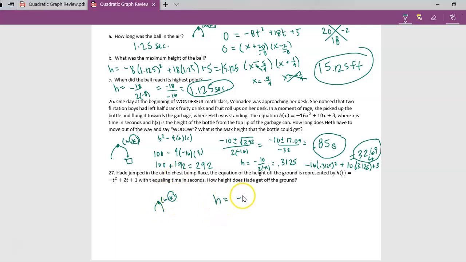So h equals -2 over 2 times -1, which is 1. So that's the time that it takes him to get to the max height. k is equal to -1 squared plus 2 times 1 plus 1. So -1 plus 2 plus 1 equals 2. So 2 feet is the max height he gets off the ground.